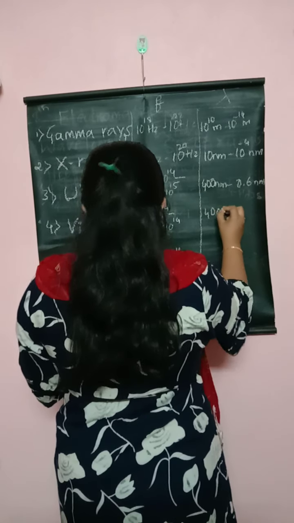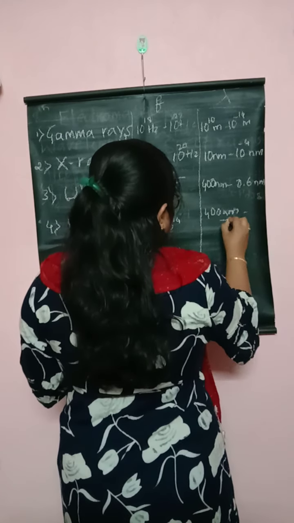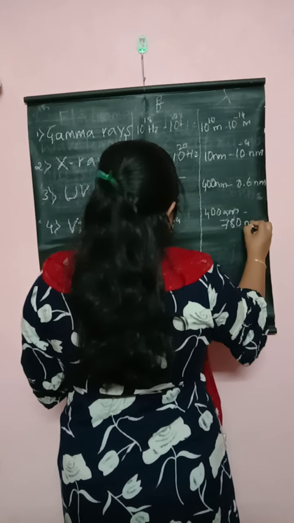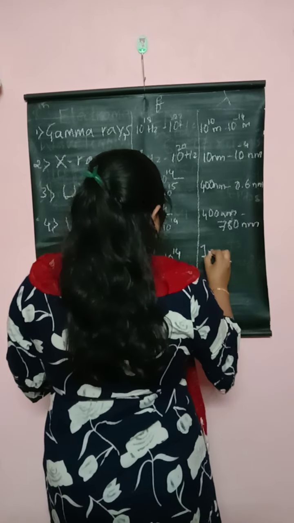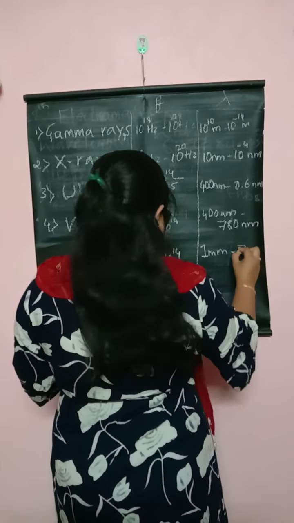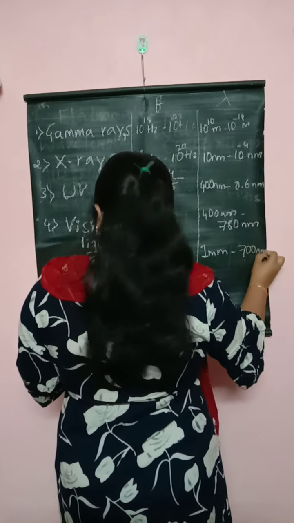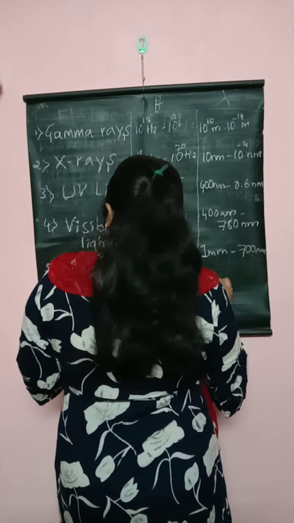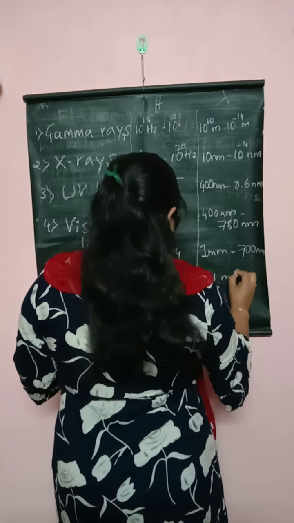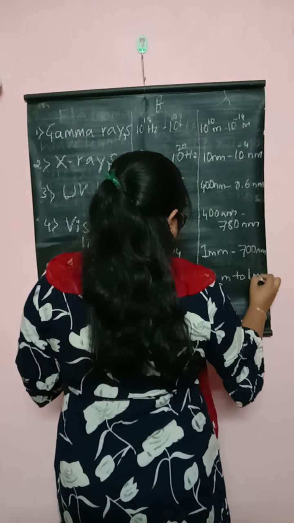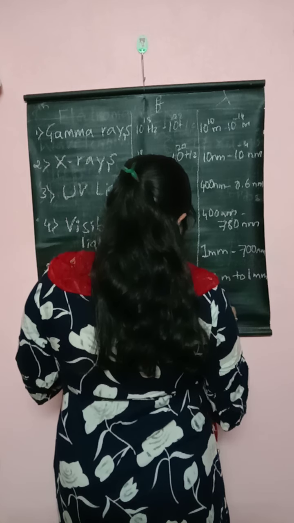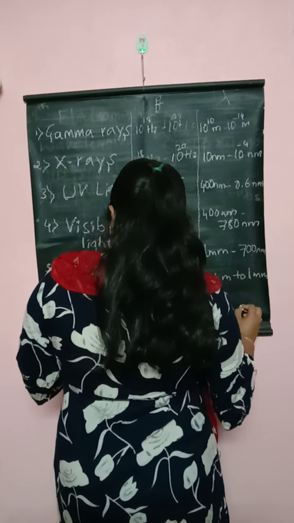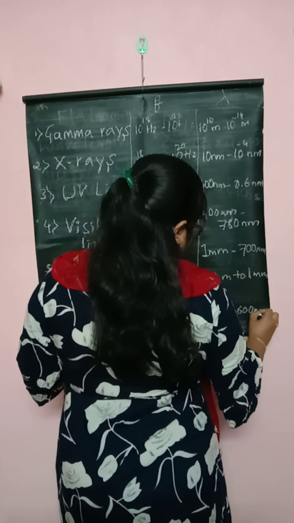Visible light has a wavelength 400 nanometer to 780 nanometer. Infrared has 1 millimeter to 700 nanometer. Microwaves 0.1 meter to 1 millimeter. And radio waves have the longest wavelength of 0.3 meter to 600 meters.